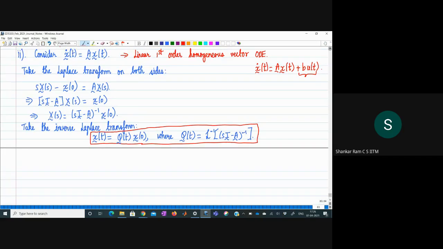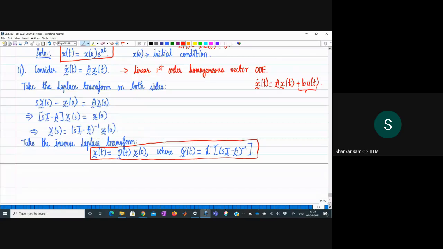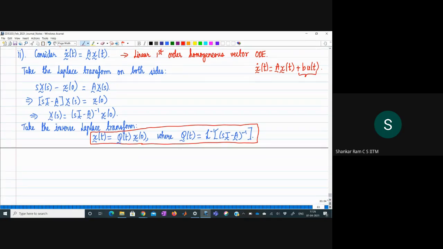We have taken this vector first order linear homogeneous ODE and obtained the solution x of t equal to phi t x0, where phi t is the Laplace inverse of (sI minus A) inverse. Please keep this in mind. We are going to revisit this and see what phi t is and how we get it in practice.